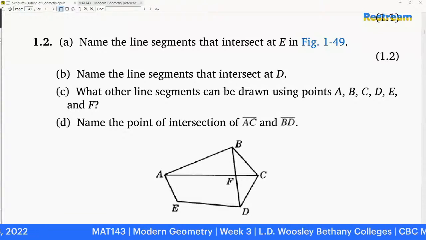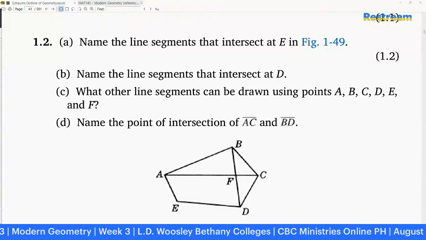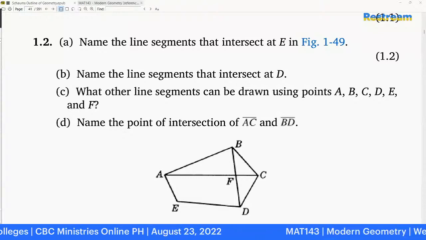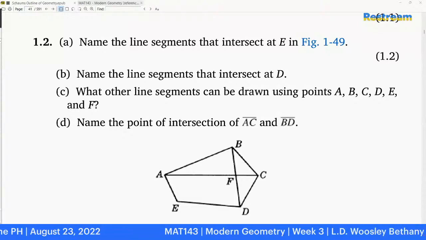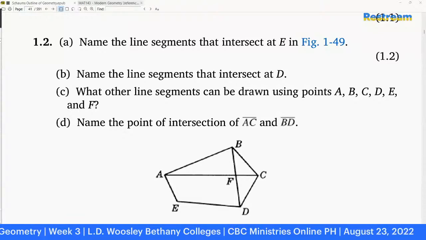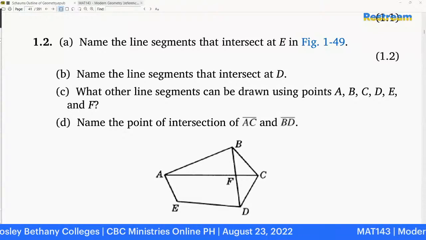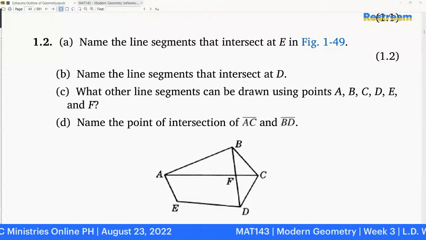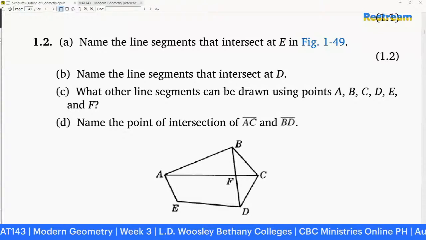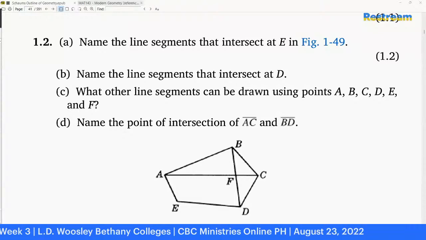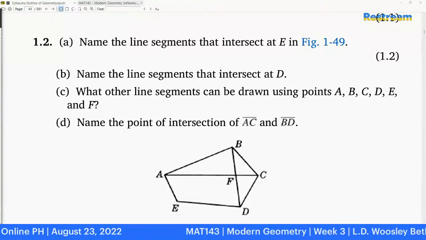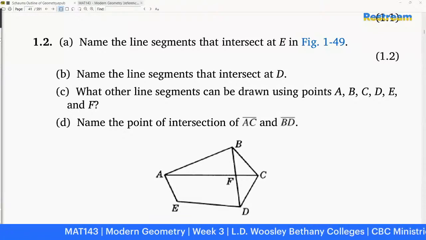Sa D lang, yung magtatouch lang sa D. So, hindi na kasama yung BF. So it's just BD. BF, sir. BF po. Kung BF, hindi pa siya mag-intersect sa D. So it must be BD. Okay? Kasi ang sa letter B, the name of the line that intersects at D. There are 3 line segments that intersect at D. Actually, 4 pala. 4.